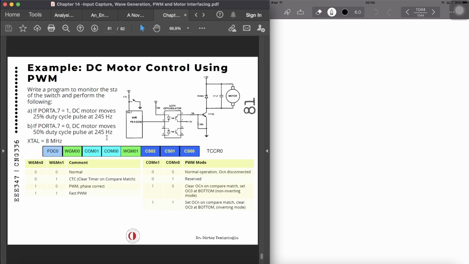So the duty cycle is going to change based on the port, and the frequency is 245 Hertz, and we have got an 8 megahertz clock. We need to do some calculations to get this done. If we are going to use phase correct PWM, we have to use this equation: F OC0 = F clock divided by N times 510.